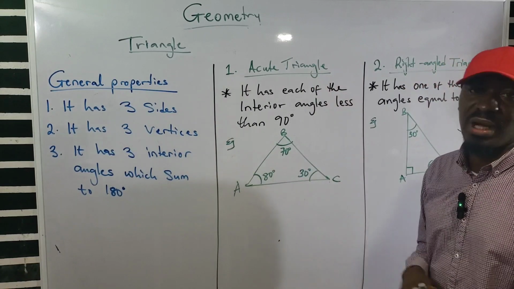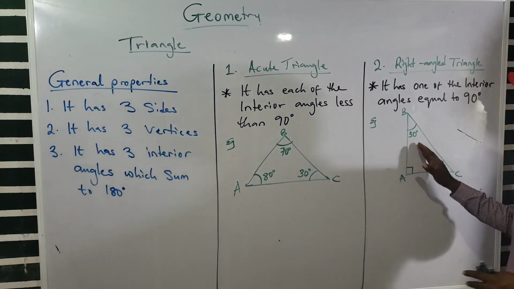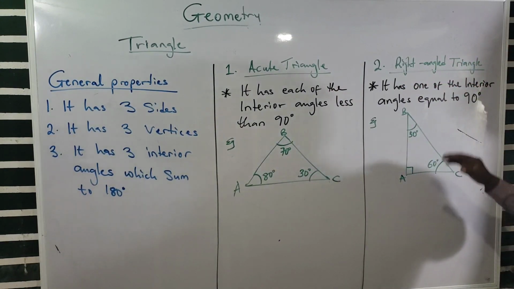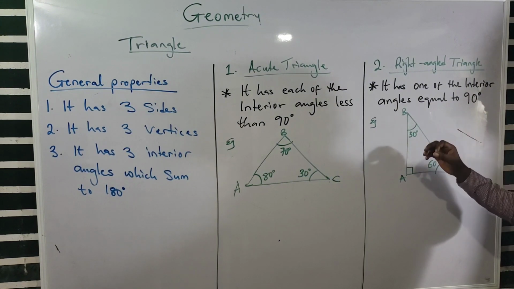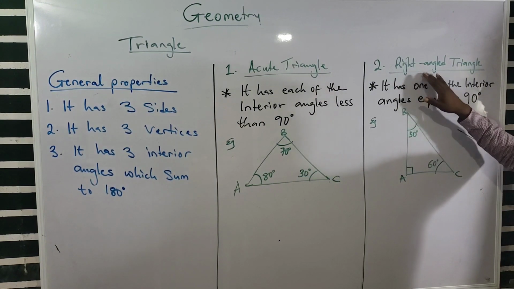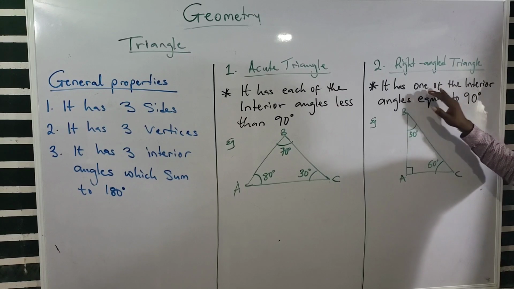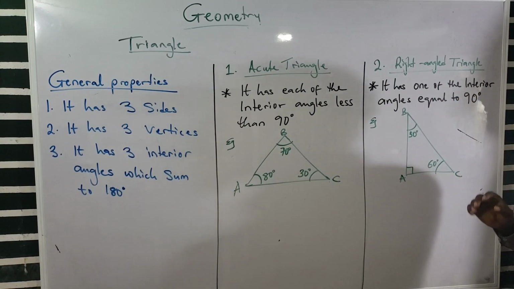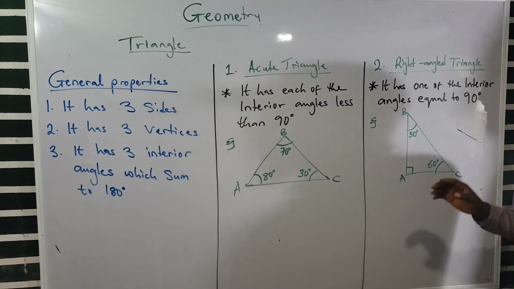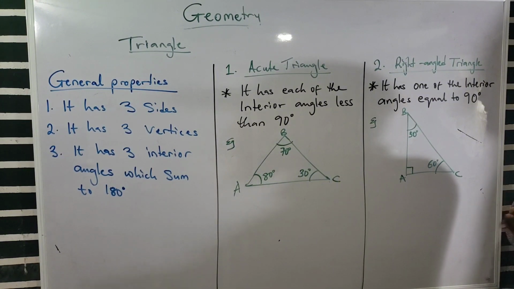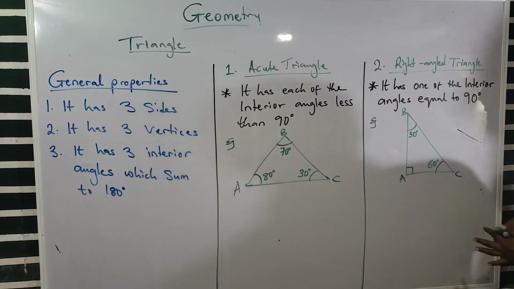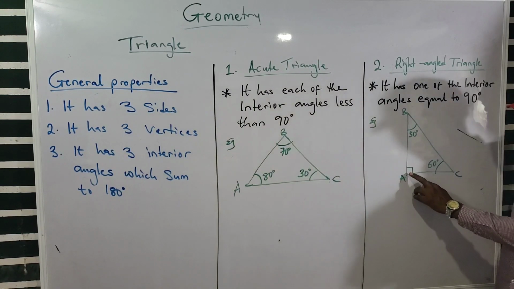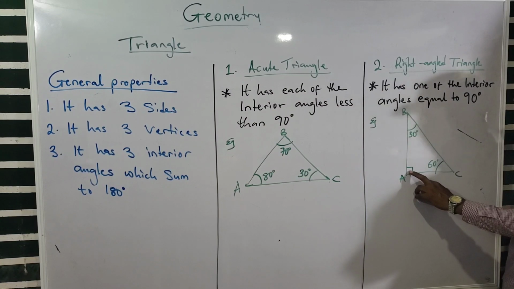In such a case, we say that the triangle is an acute triangle. Now, the second type of triangle, based on its interior angles, is a right-angled triangle. A right-angled triangle will have one of its angles as 90 degrees. Most times, you will not see 90 degrees written anywhere. That's because this shape here indicates 90 degrees.